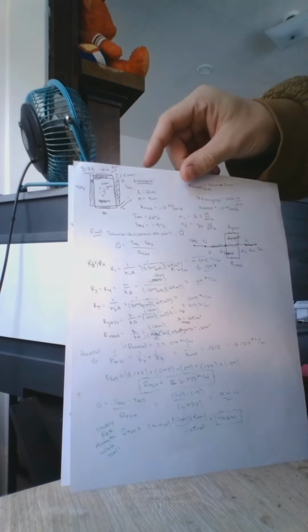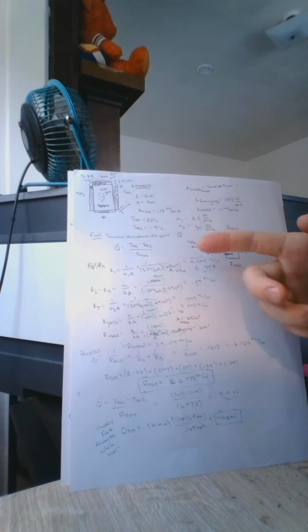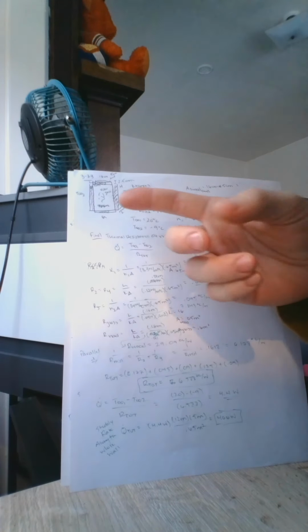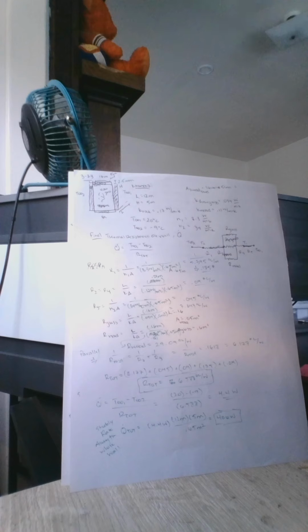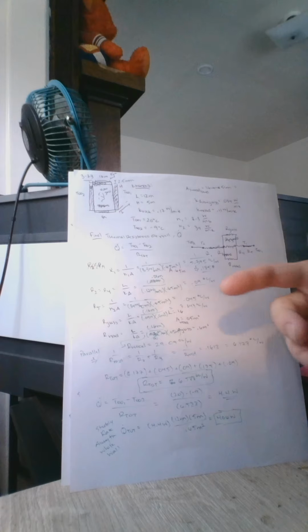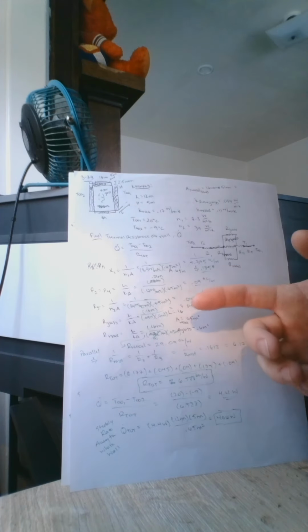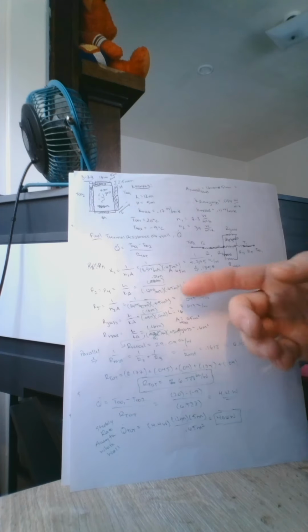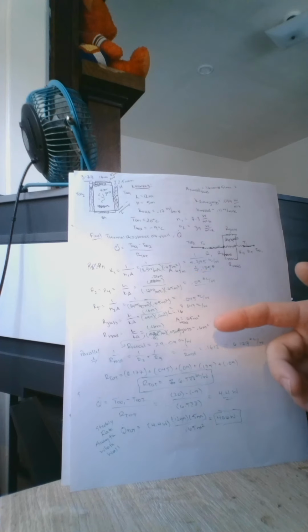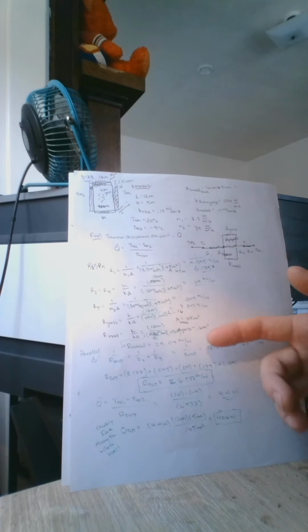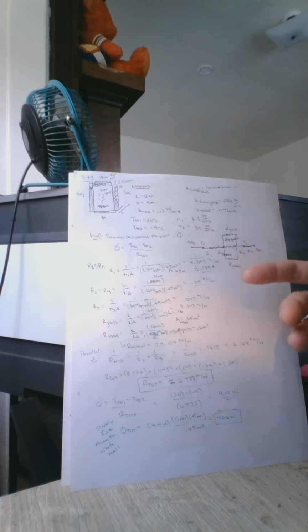For question 3-73, we were asked to find the thermal resistance of the wall as well as the heat transfer. To find the thermal resistance of this wall with 2 pieces of concrete on the side as well as a parallel glass wood resistance, we solved for all the resistances over here, got them with degrees C per watt as the units, and then to calculate the parallel resistance, we used 1 over R total is equal to 1 over R glass plus 1 over R wood.